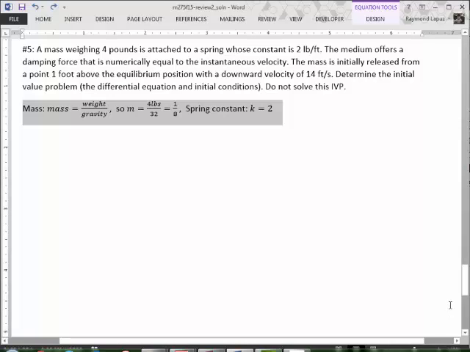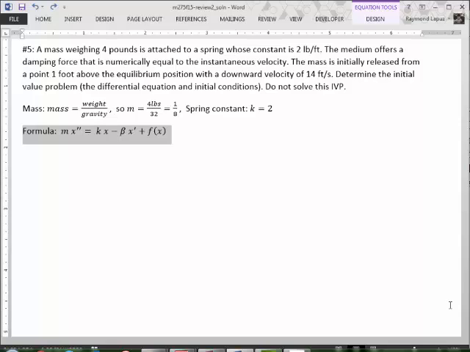Our spring constant is given to us as 2. Our damping force is numerically equal to the instantaneous velocity, so that's just going to be a contribution of 1 times the instantaneous velocity, which is x prime. Now we have to use the correct formula here. Let's keep the mass and the spring constant separate.